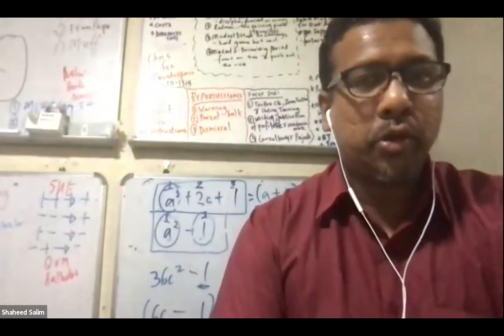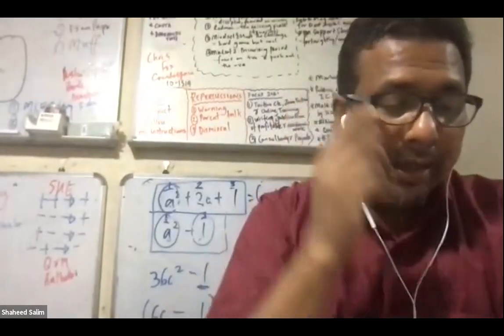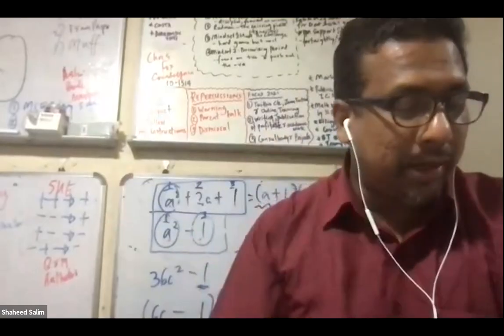16n square minus 21m square. Yes, well done. So notice sometimes, you ask yourself, can you rearrange?